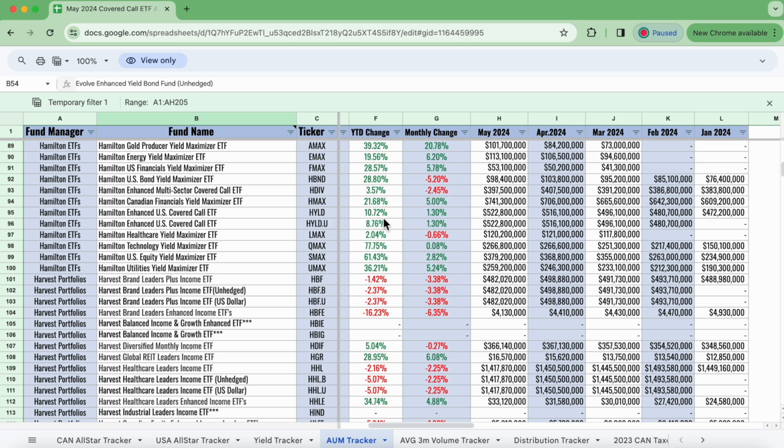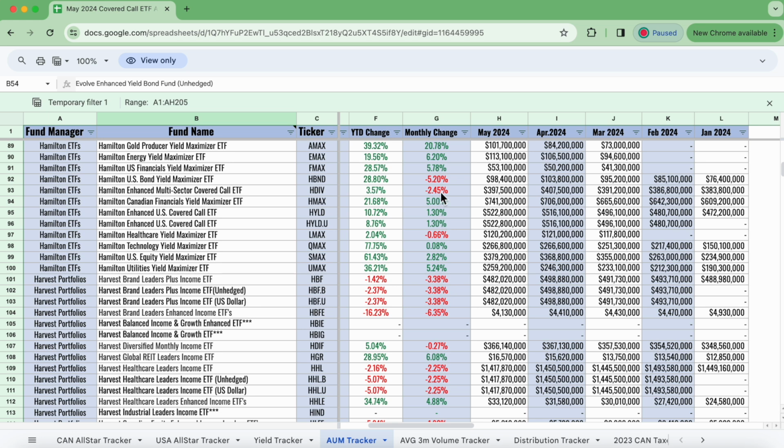HYLD, weirdly enough, is kind of the old dog on the block with some of these funds that have come out in the last 3 years or so. But it's gaining really well with a 10% year-to-date change, and even HDIV has a 3.5% increase year-to-date.